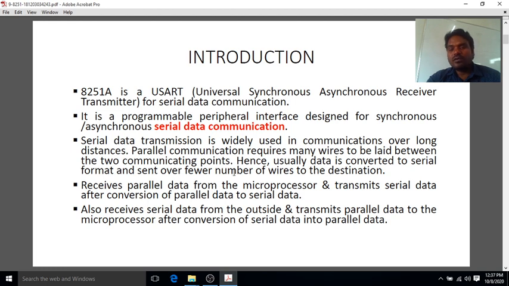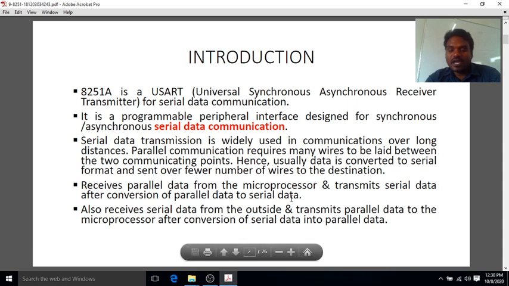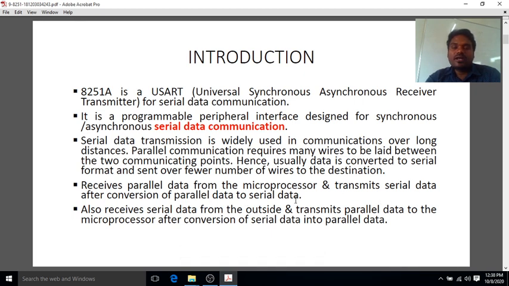This 8251, it is USRT. It receives the parallel data from the processor, that may be 8086 or 8085, and transmits serial data after conversion of parallel data to serial data.